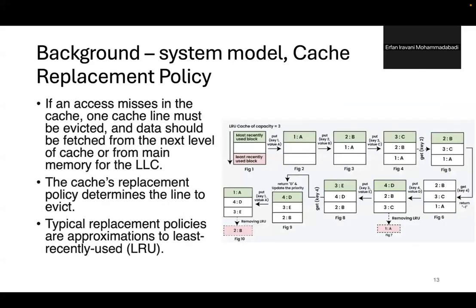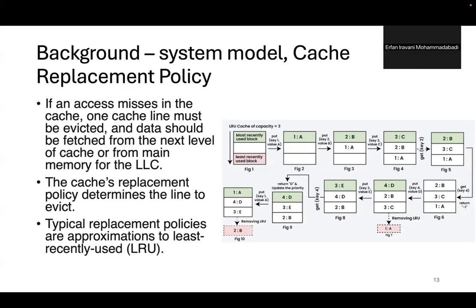The decision about which of these lines should be evicted is made by the cache replacement policy. There are several strategies for doing this, but some approximation of the least recently used algorithm is typically used nowadays.